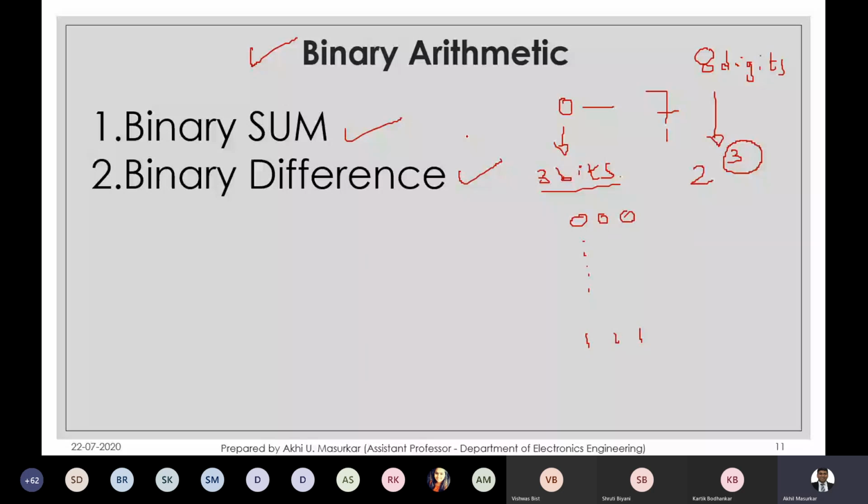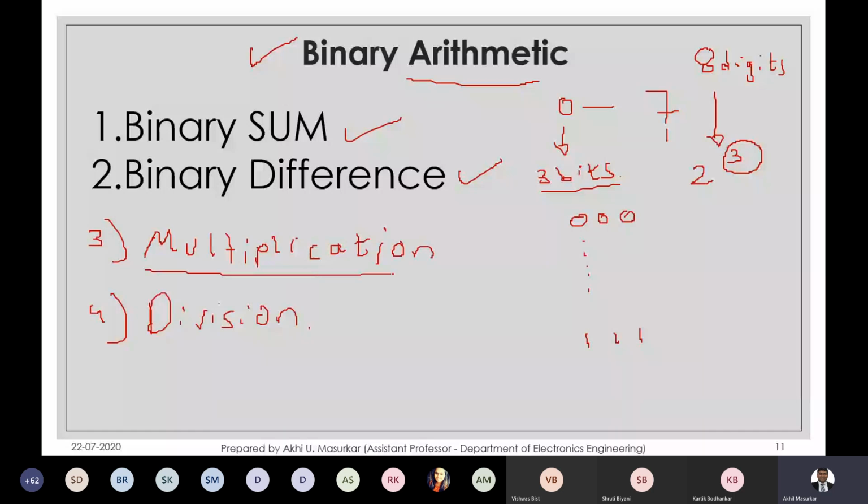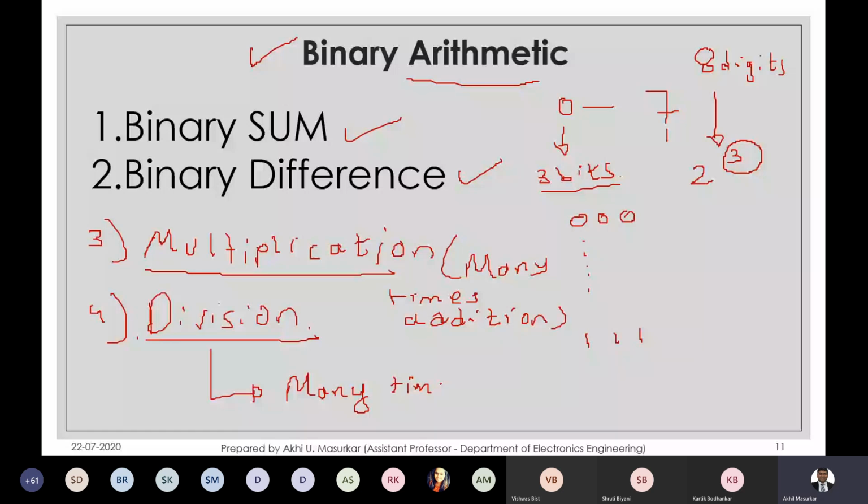You may have a question, what about multiplication? And you may also have a question that when you talk about arithmetic, we have studied division also. So as far as digital is concerned, multiplication is many times addition and division is many times subtraction.